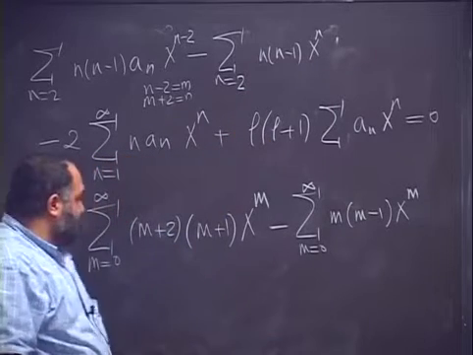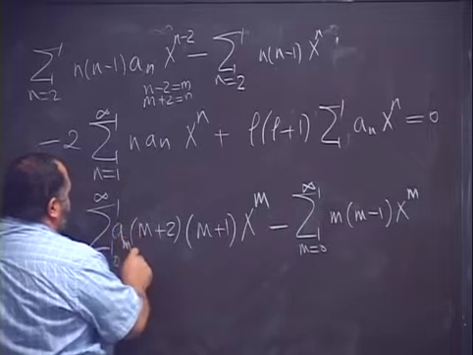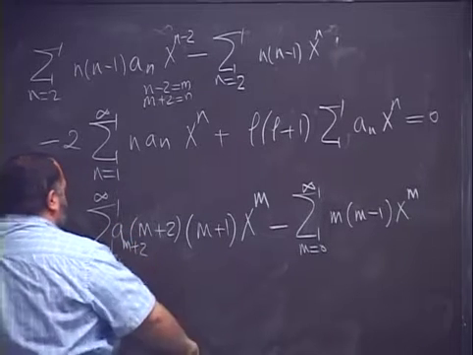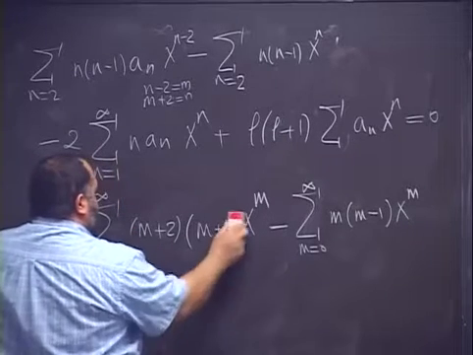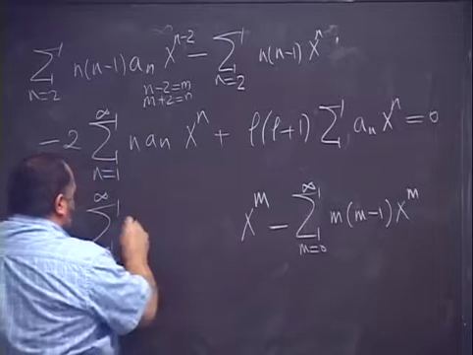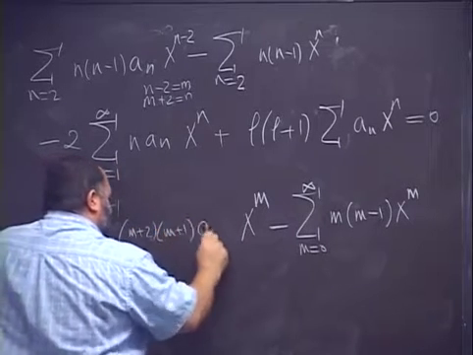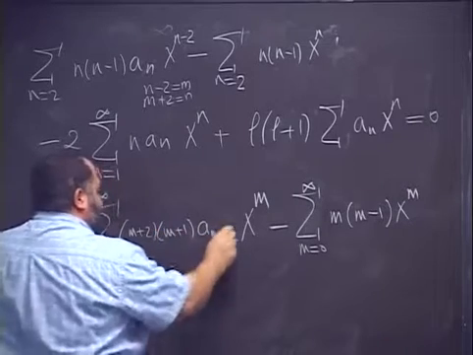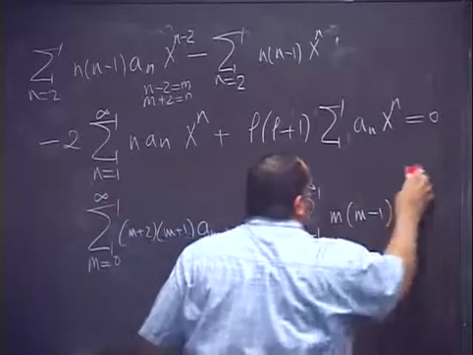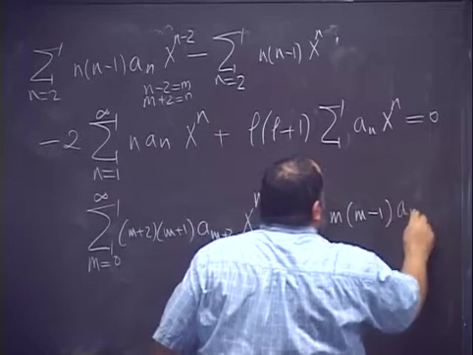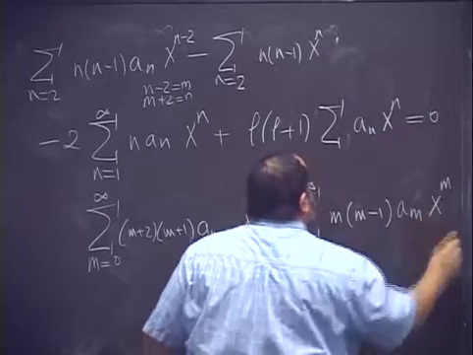On your first term, you left out a sub n, which will be a sub m plus 2. Yeah, a sub m plus 2, m plus 1, a sub m plus 2. And again on the second term, it will be a sub m, x to the power of m.